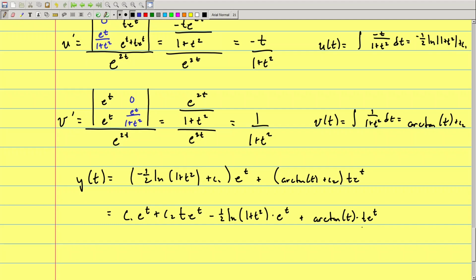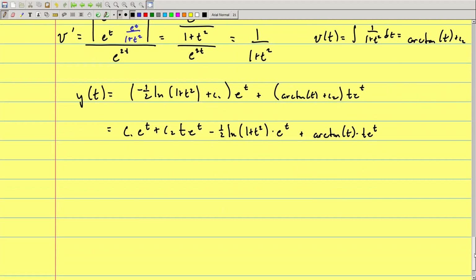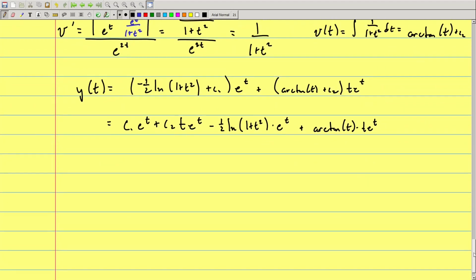Okay. Now, the last element of this that we haven't discussed as much, because I've been operating under the assumption that if I asked you to do this, you all would be in okay shape to do it, is how to handle things like initial values. For instance, if we had this set of initial values applied to the system, we need to make sure, of course, that we can figure out what C1 and C2 are based on this information.